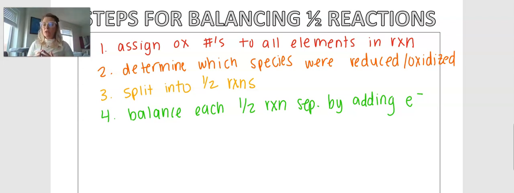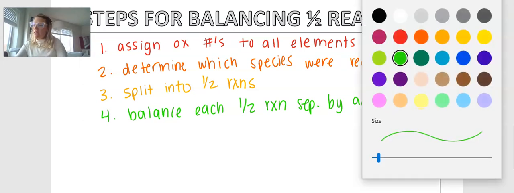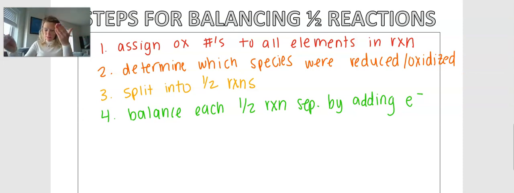So now how do we use our half reactions to balance our reaction by charge? Well, again, as I mentioned, the number of electrons lost must be equal to the number of electrons gained. So we need to take a look at how our electrons are balancing out.